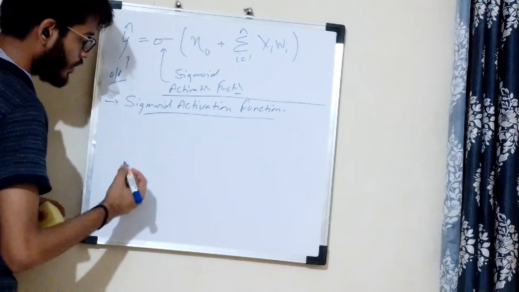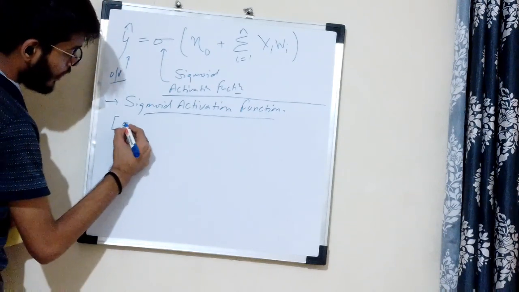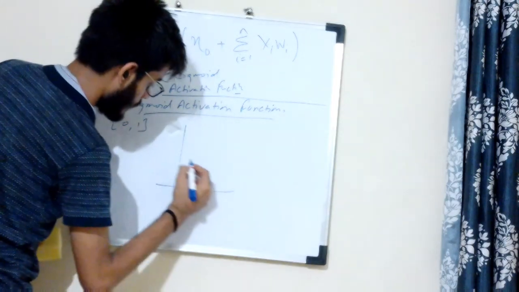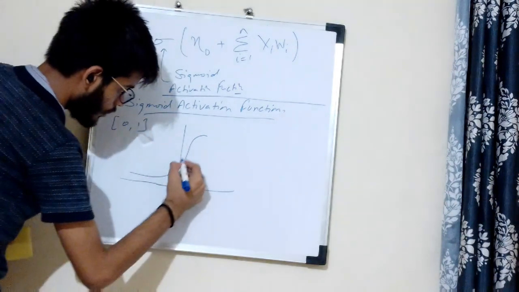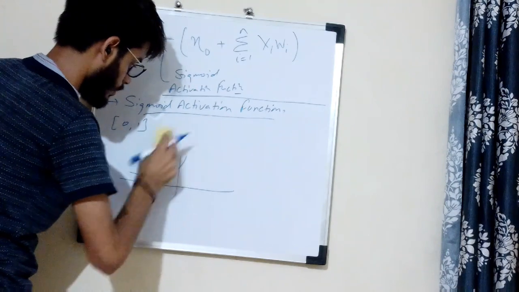When we are doing classification, we mostly use the sigmoid activation function. What sigmoid does is it gives us a value between 0 and 1.